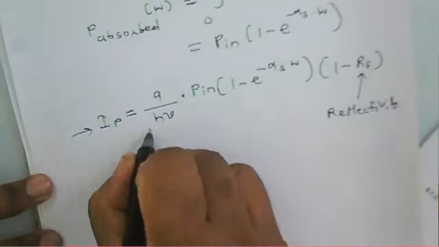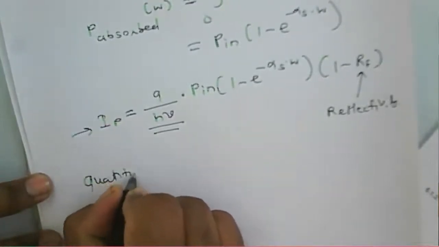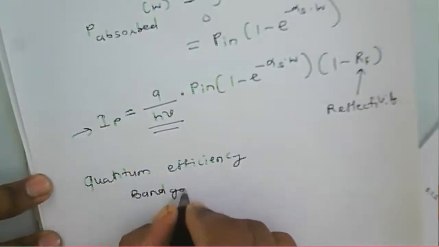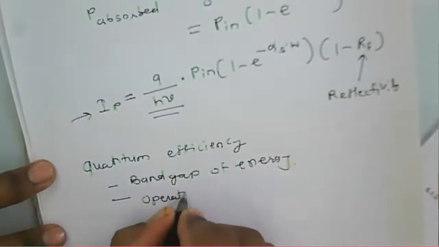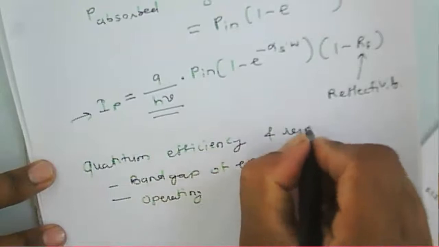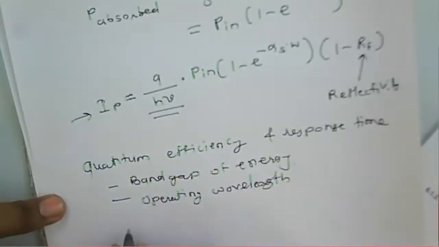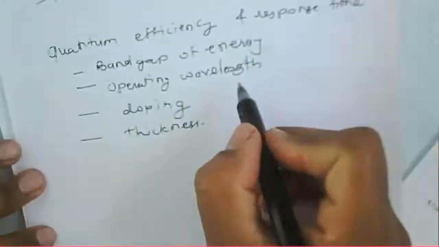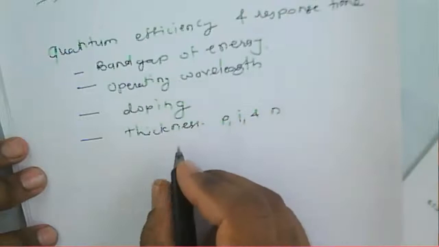This quantum efficiency is depending upon the band gap energy hν and the operating wavelength, and again it is depending upon the doping and the thickness of the P, I, and N regions.